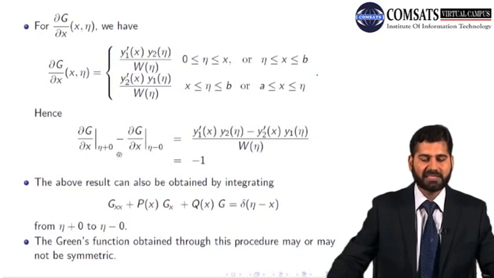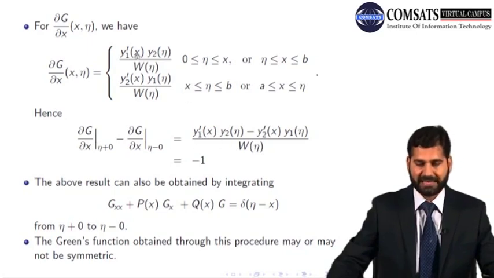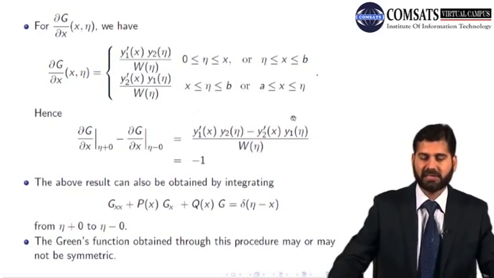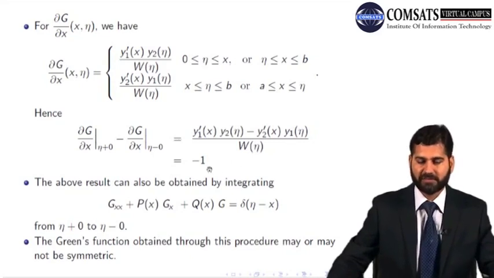If you take the jump, partial g by partial x at eta plus minus partial g by partial x at eta minus, this at eta plus means at eta, and here again y1 prime, y2 prime at eta should be equal to -1. So you get this condition, which has to be equal to -1.